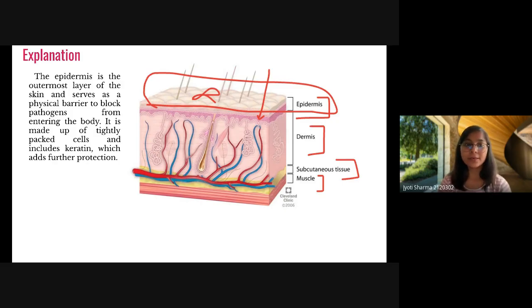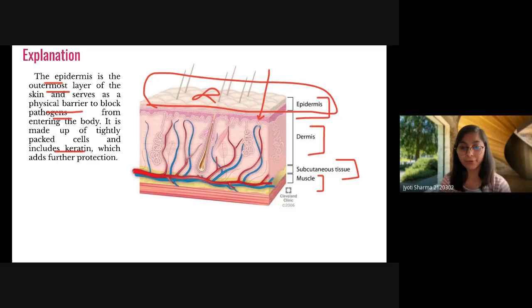Just keep in mind, this epidermis is the outermost layer and the first line of defense, and it is written here as well. The epidermis is the outermost layer of the skin and serves as the physical barrier to block pathogens from entering the body. It is made up of tightly packed cells and includes keratin.